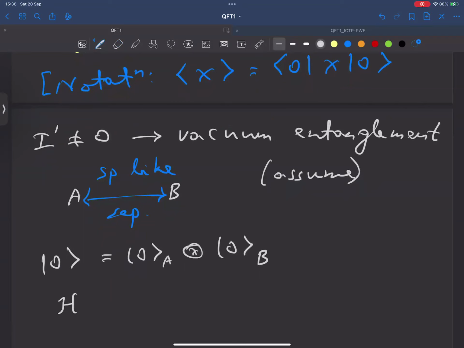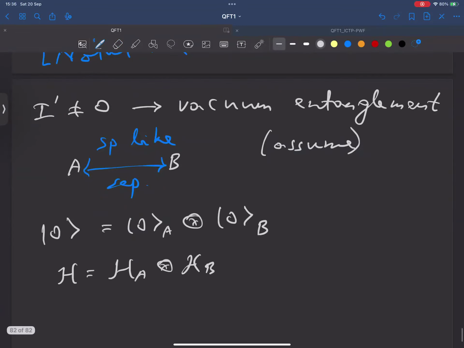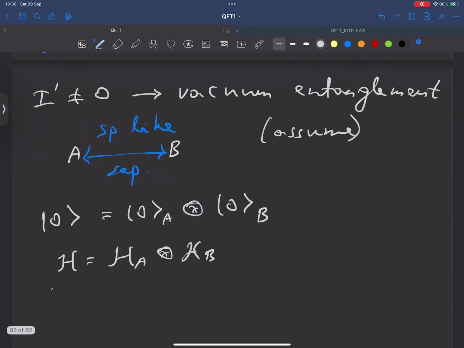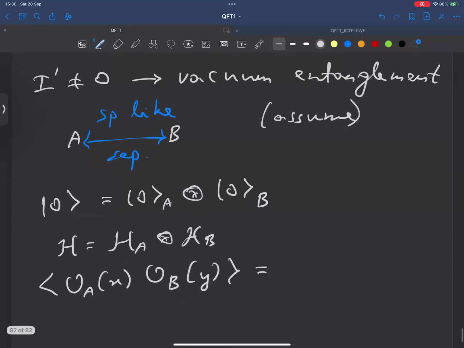So in the Hilbert space language, it means that you have two Hilbert spaces that don't talk to each other. They're nicely factorized and separate. So if that's the case, then if you compute the expectation value of any operator in region A with an operator in region B, then because of this factorization property, these will separate into something like this.